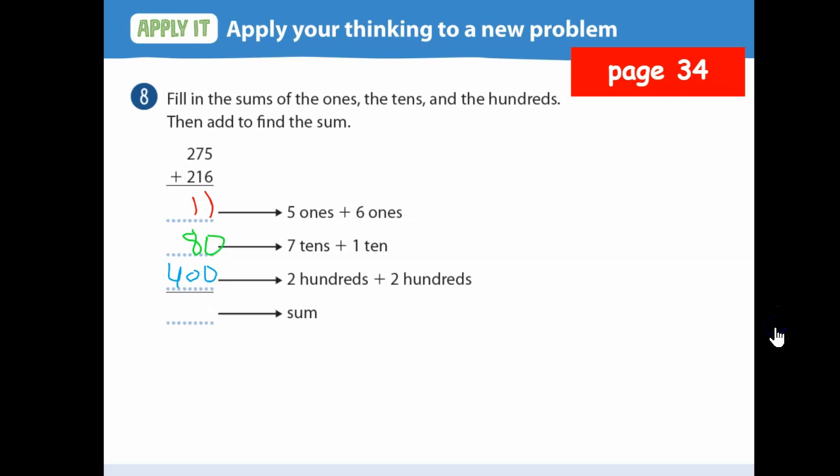Okay. So then I do the sums. I have 1 plus 0 plus 0 plus 0 is 1. 1 plus 8, 9. And then 4 plus nothing, 4. So when I add 275 plus 216, I get 491.